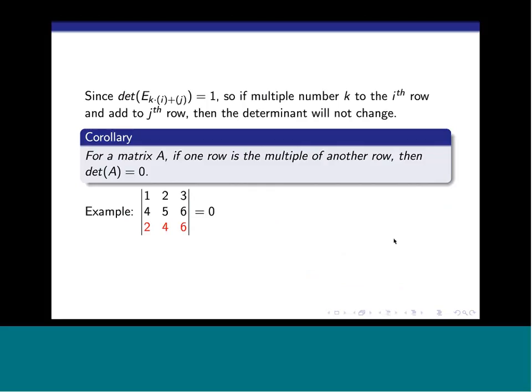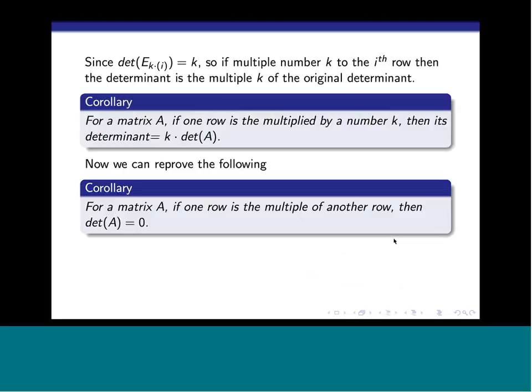What kind of row operation are you going to use to produce one row with all zeros? Minus 2 times 1 plus 3. Excellent.